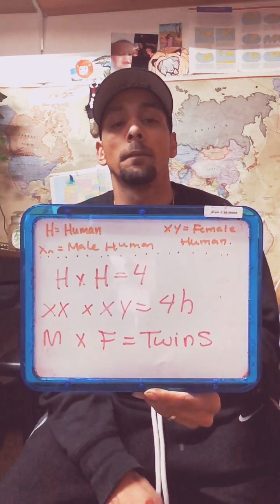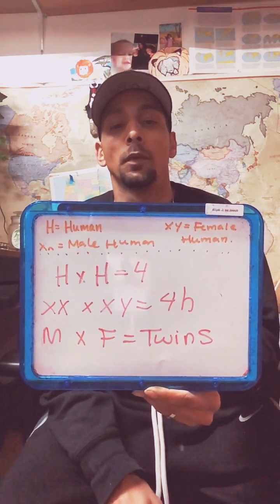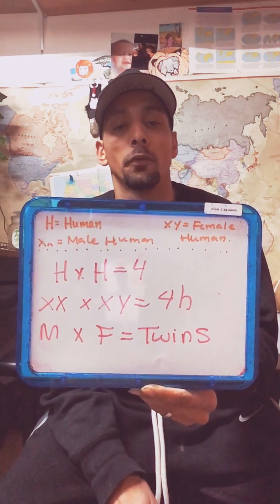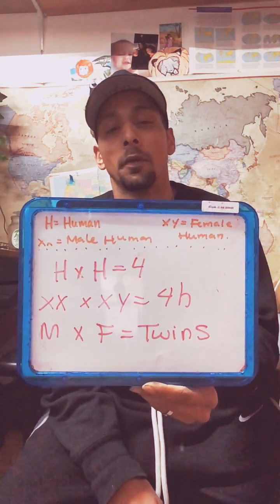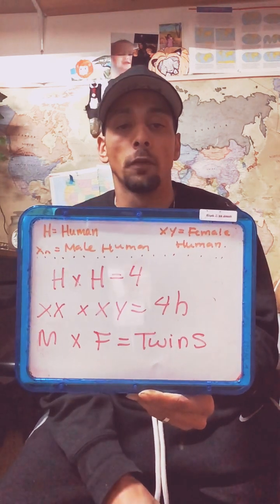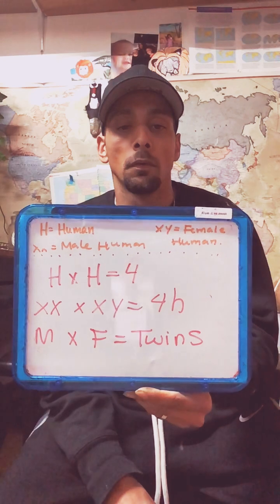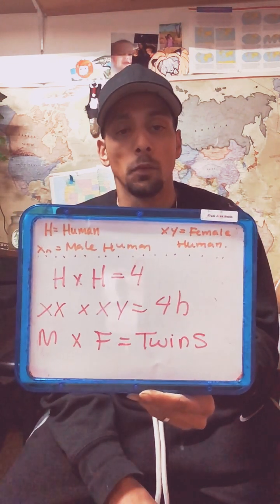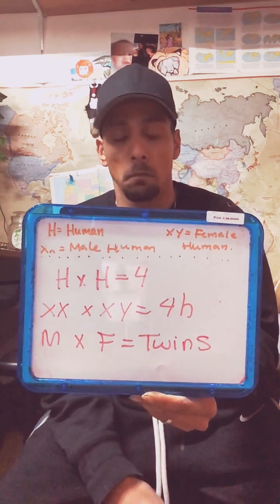How do you explain that? Male times female, 1 times 1, human times a human equals 4. So that's saying that the female popped out twins, right? There'd be a male, a female, and 2 other humans, totaling 4.